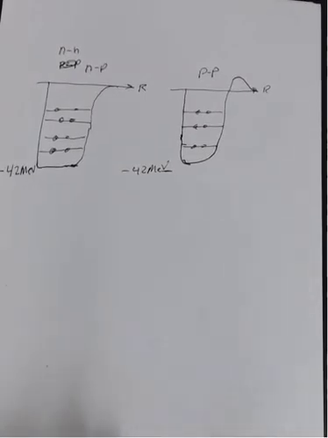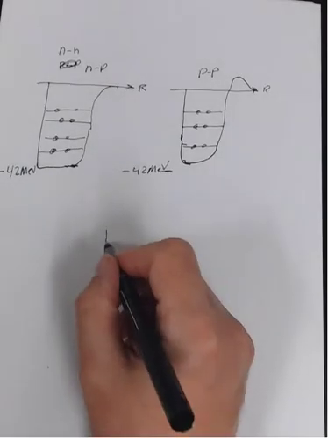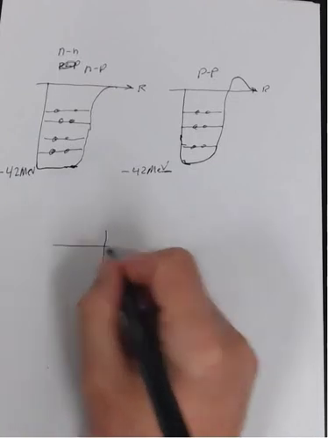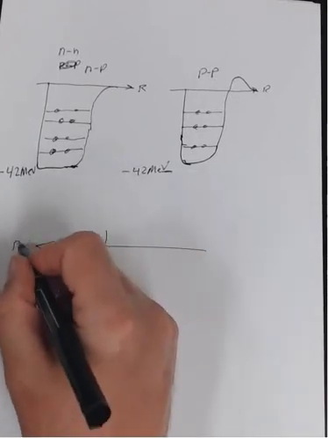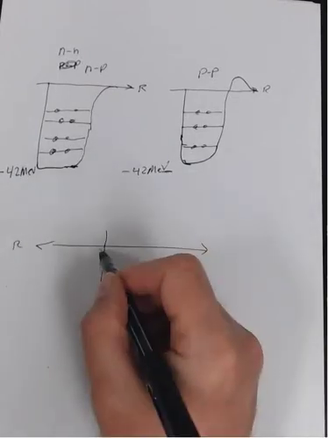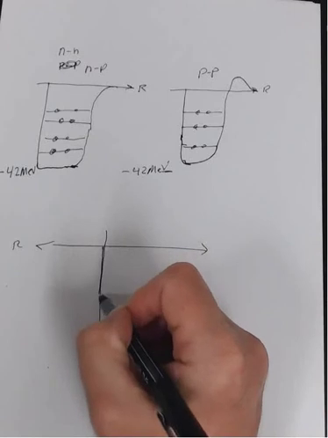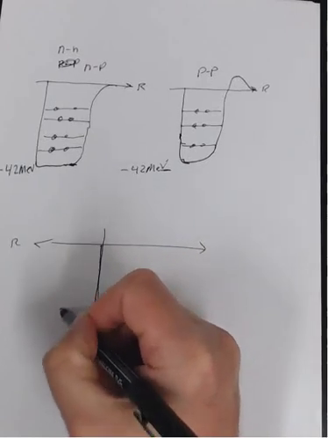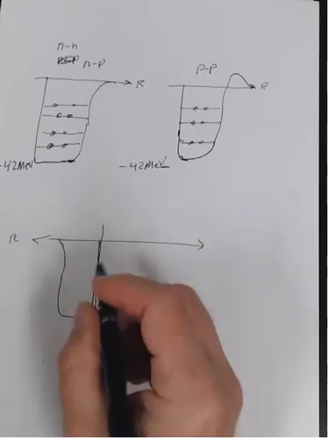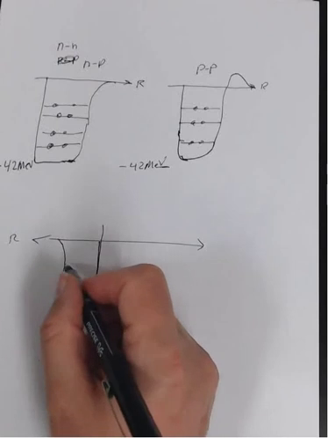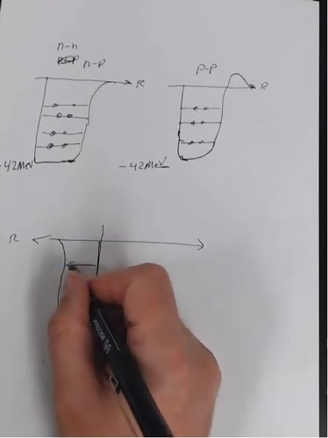But let's talk about the beta decay where you have a neutron changing into a proton. How does that happen? So I'm going to show two potential wells here. R is this way and this way. This side is for neutrons. So here's our potential well, and then it's occupied by, let's look at the higher energy state, neutrons.